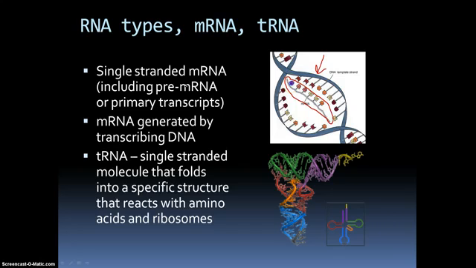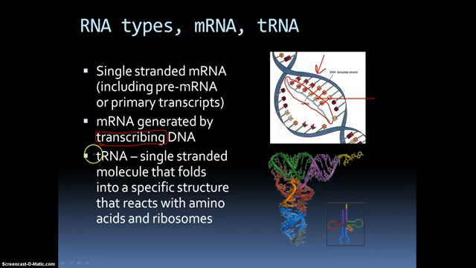It's being built by complementary base pairing to the DNA strand. We're going to talk about what this means as we move forward, but that's where messenger RNA, pre-mRNA, or primary transcripts come from. They are based off of DNA templates. So messenger RNA is generated, and the process is known as transcription. You're transcribing DNA. So that's one type, mRNA or messenger RNA.